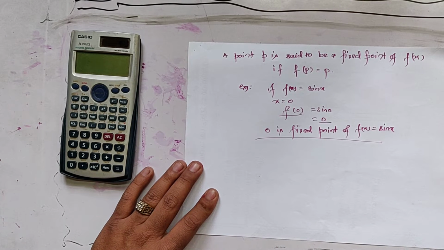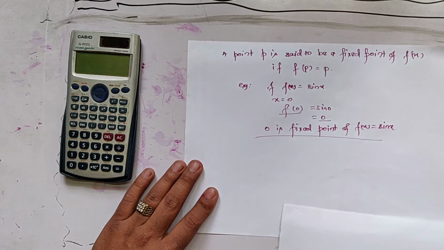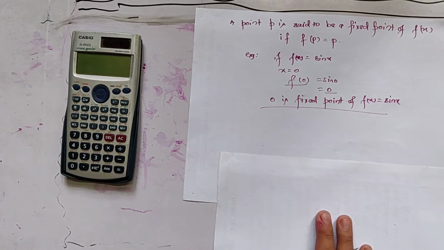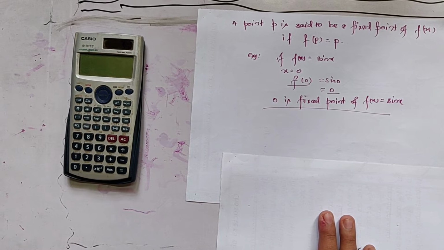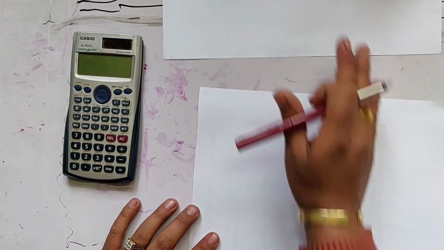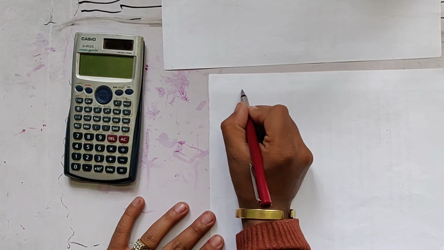Now we use this approach to find the equation for Aitken delta square process. It is also known as acceleration of convergence.